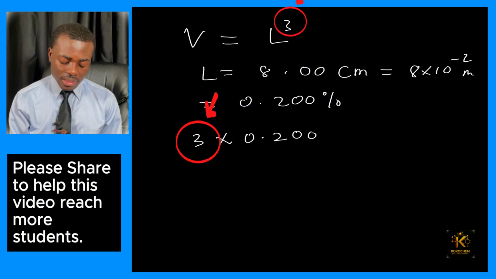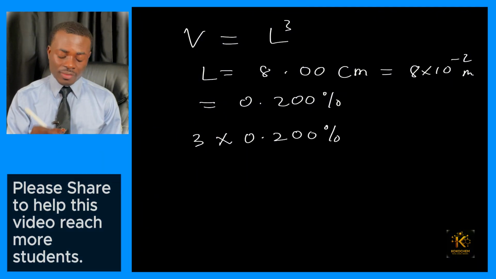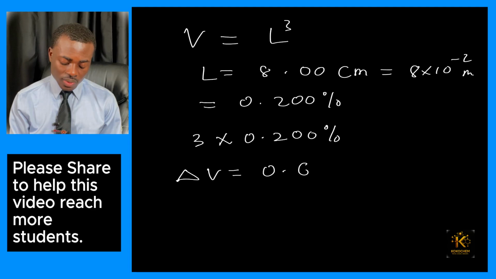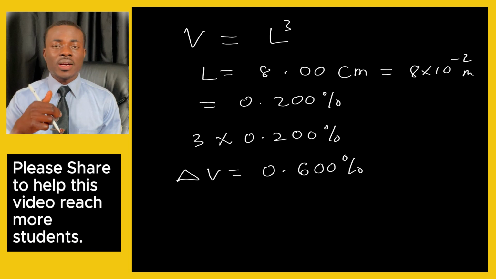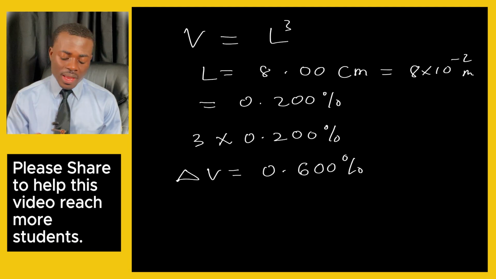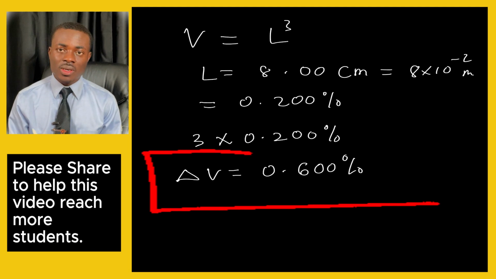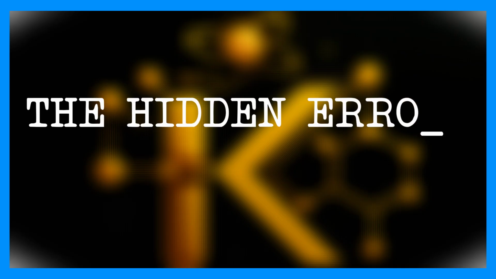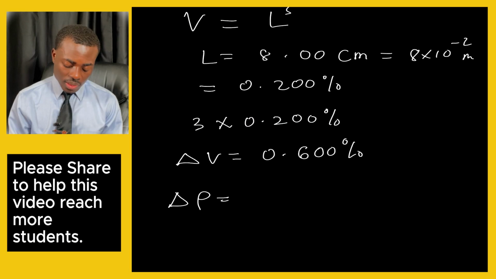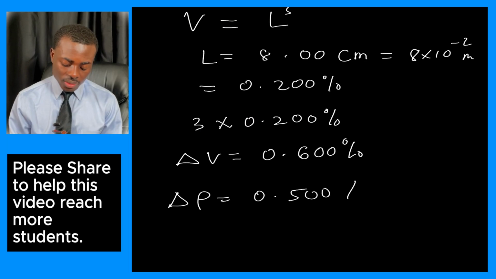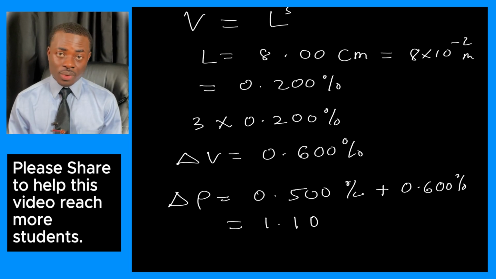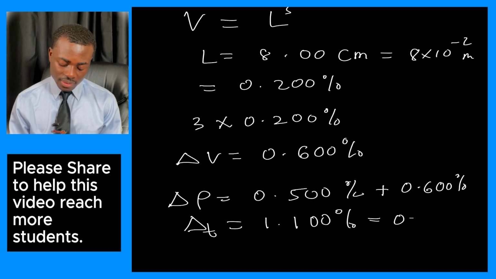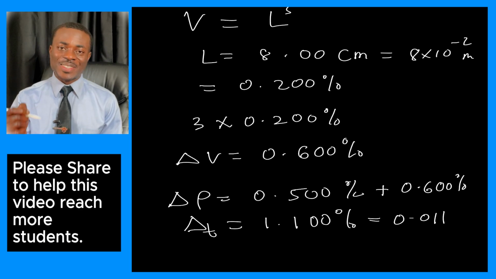That will give us the total uncertainty in the volume to be equal to 0.600%. To get a total uncertainty percentage, we have to add this value to the uncertainty that we got in the density. The uncertainty in the density was 0.500%, which will give you 1.100%, which is the same thing as saying 0.011.